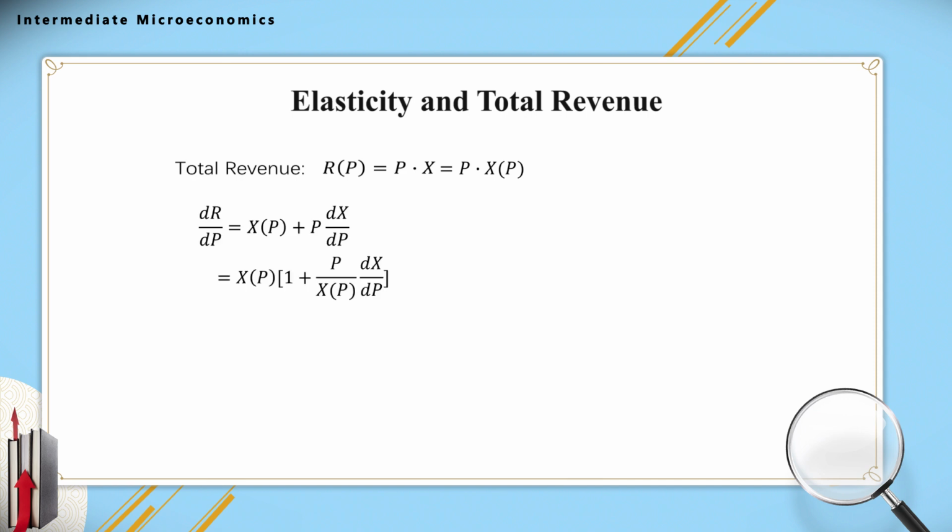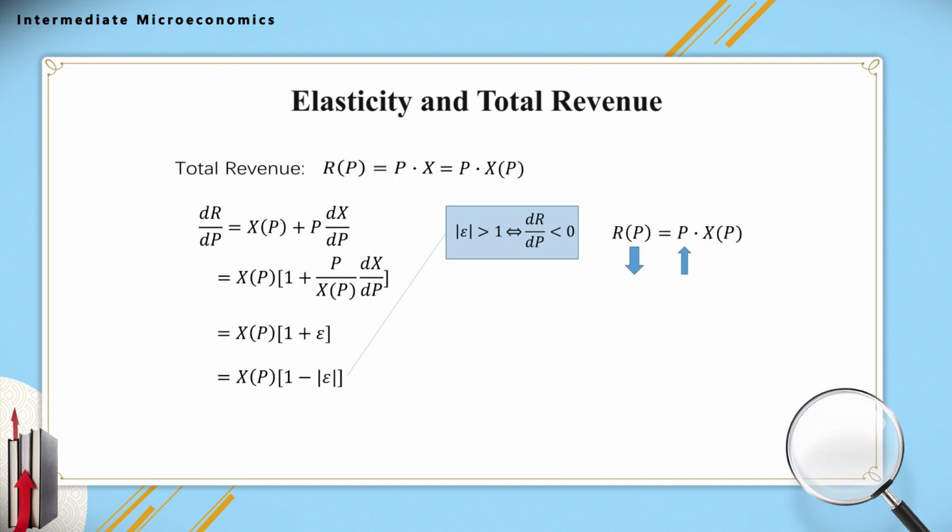Use the product rule to calculate the derivative and rearrange the equation. The result shows that when elasticity is greater than 1, the derivative of total revenue with respect to price is negative, which means that the price increase will cause a drop in total revenue.